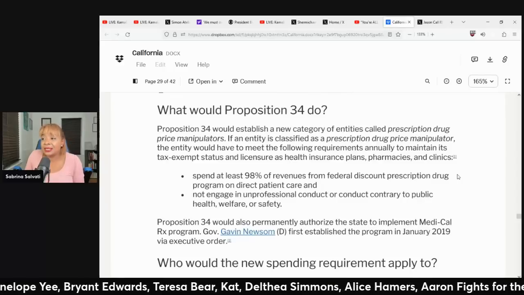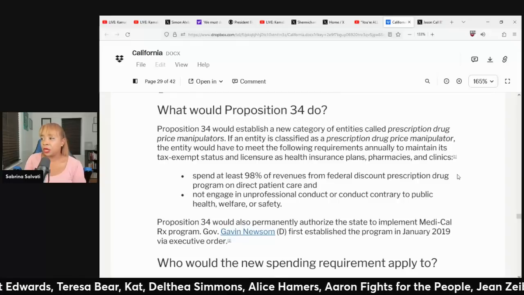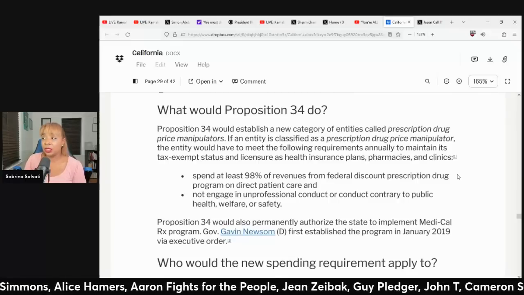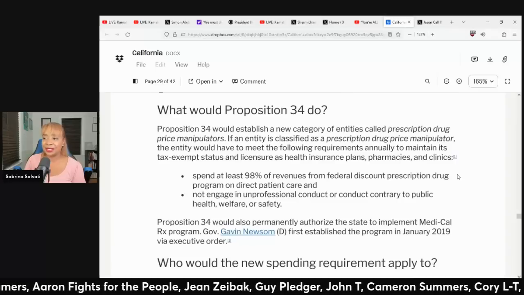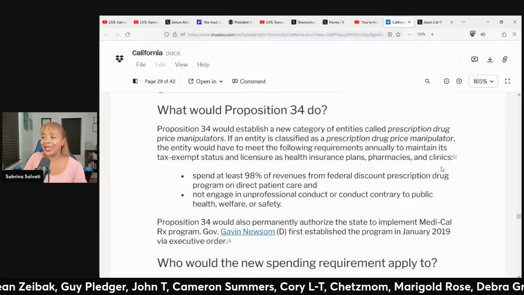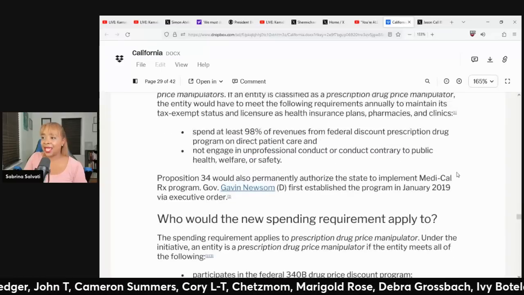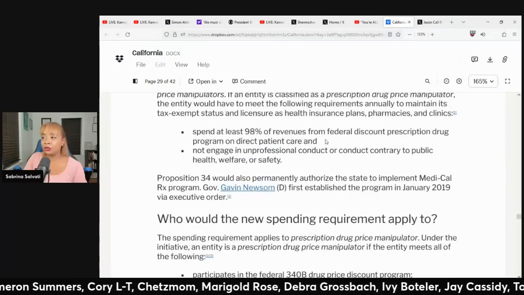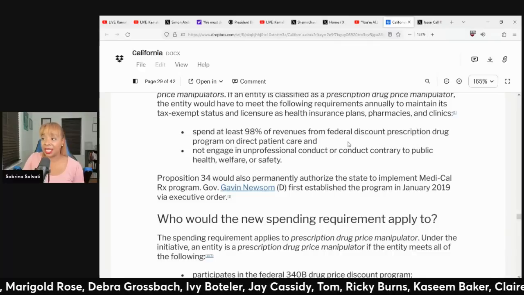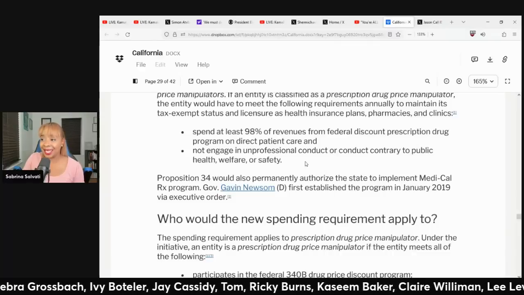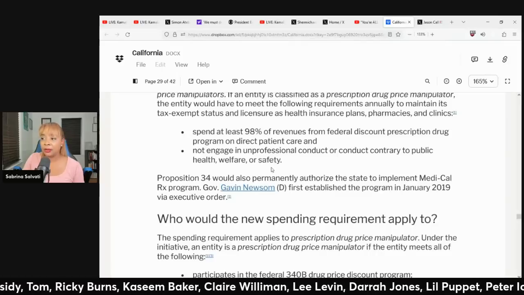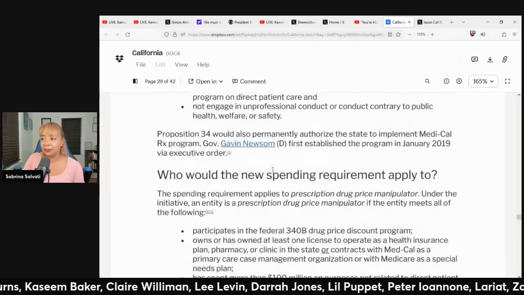If an entity is classified as a prescription drug price manipulator, the entity would have to meet the following requirements annually to maintain its tax exempt status and licensure as health insurance plans, pharmacies, and clinics: spend at least 98% of revenues from the federal discount prescription drug program on direct patient care and not engage in unprofessional conduct or conduct contrary to public health, welfare, or safety.